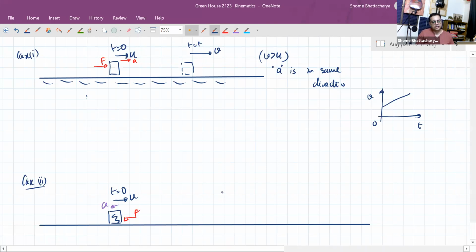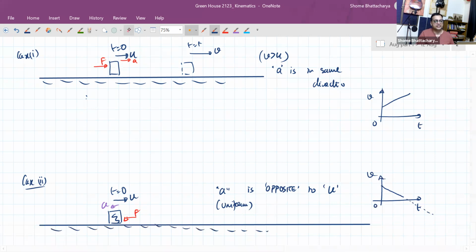So this is the case where A is opposite to U. If we assume this is a uniform acceleration, then because A is a negative quantity compared to U, the velocity versus time graph, at least initially, will look like this. Eventually it might become 0 and then negative, but initially the velocity will be decreasing.